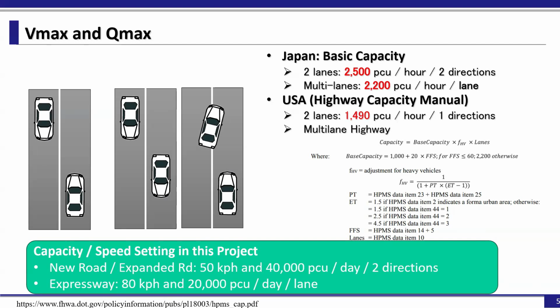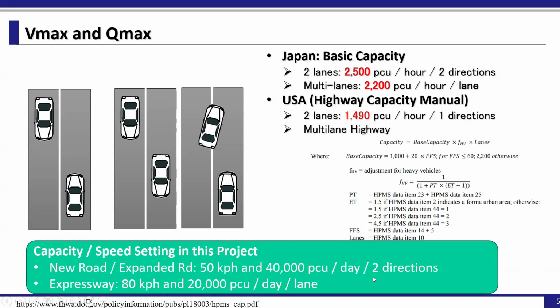So further expansions may be necessary for the two functions as the arterial road, especially for public transport and private cars also. I speak too much. However, for the new proposed roads in the Nairobi metropolitan area's transport network, new roads and expanded roads are defined as 40 kilometer per hour design speed and 40,000 PCU per day per two directions.